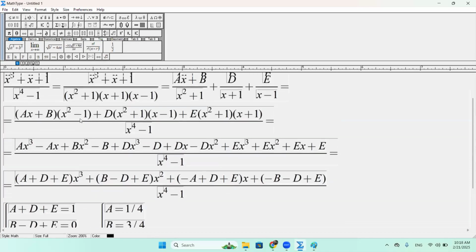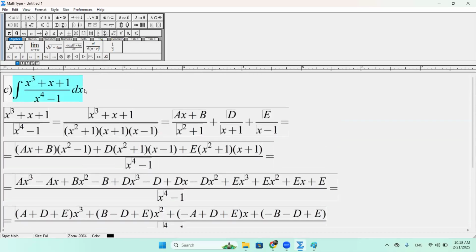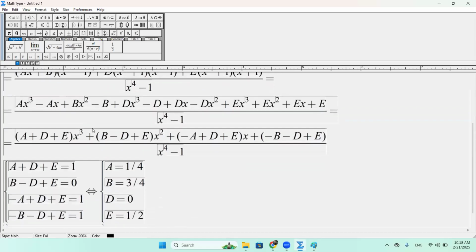So let's write down the integral, how it transformed.